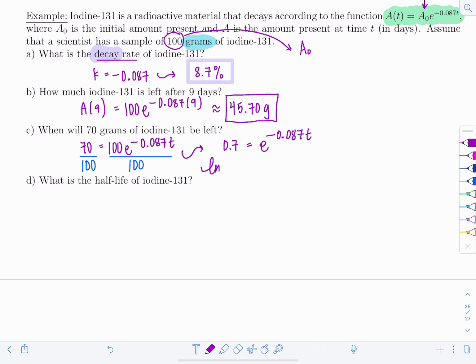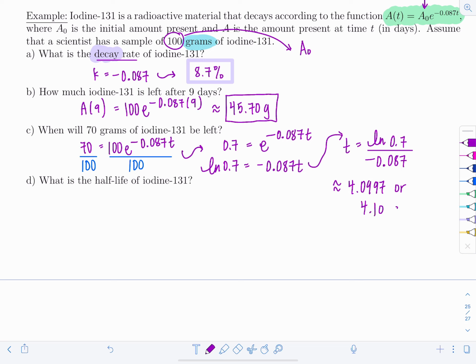Take the natural log of both sides, so ln of 0.7 equals, and then all I'm left with is negative 0.087t. Divide by the coefficient on t, so t equals ln 0.7 over negative 0.087. All right, so I get approximately 4.0997. So we could just round that to 4.10 days.